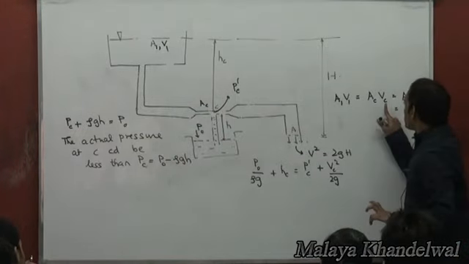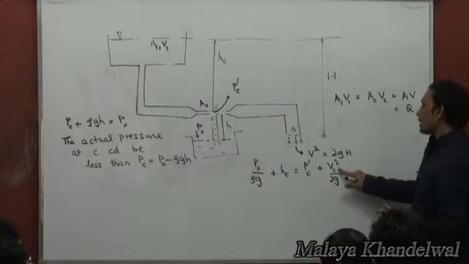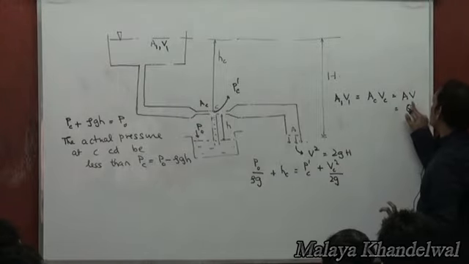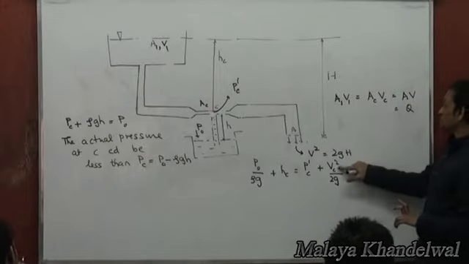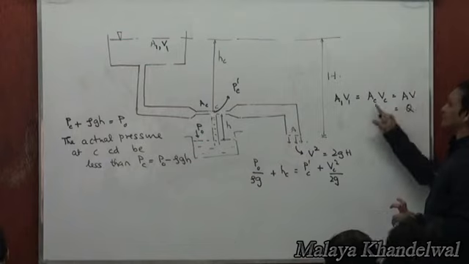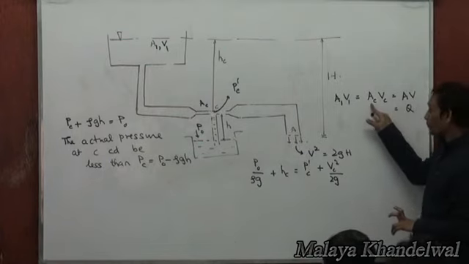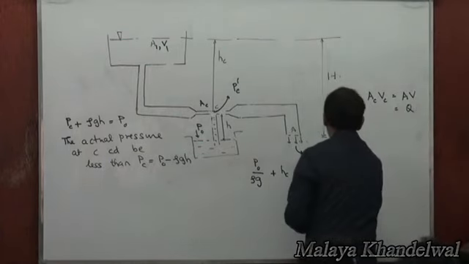From this I realized that I could replace VC squared by A squared V squared by AC squared. This VC squared can be written as A squared V squared by AC squared, yes or no?